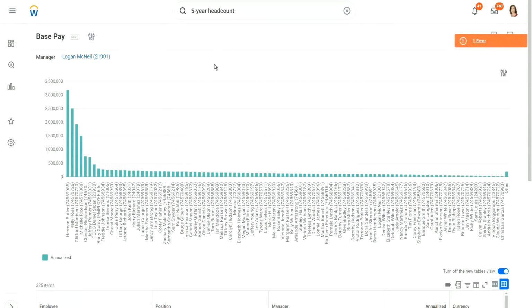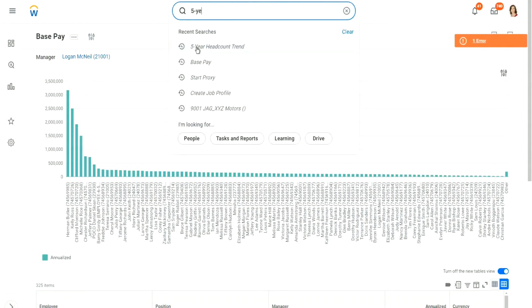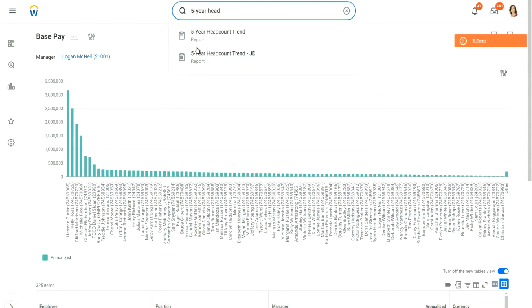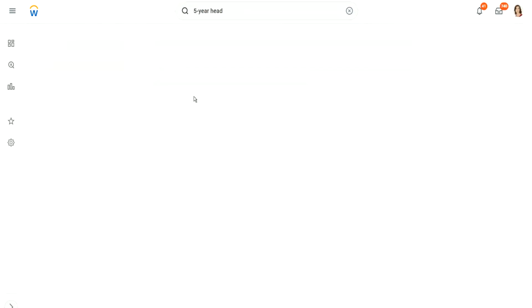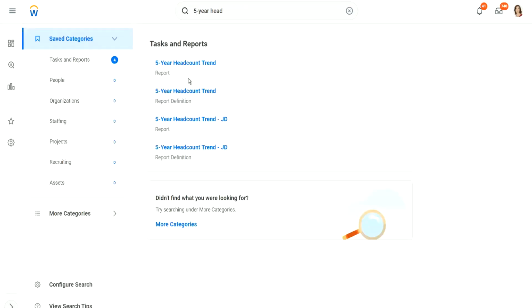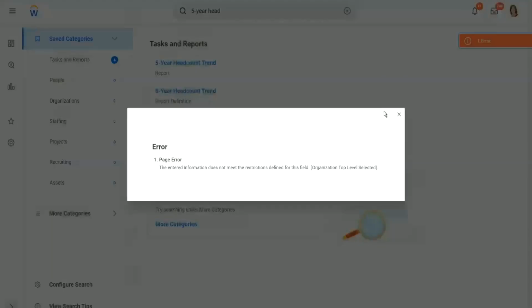Look at this particular report. So let's search for it first. If we search for it, sometimes it doesn't run automatically, especially in this particular tenant. We run it again. Okay, what is the problem?